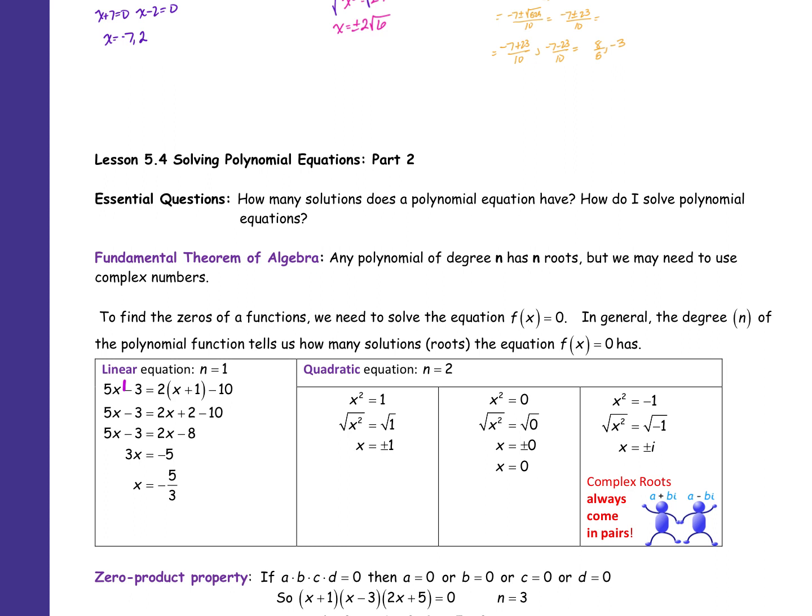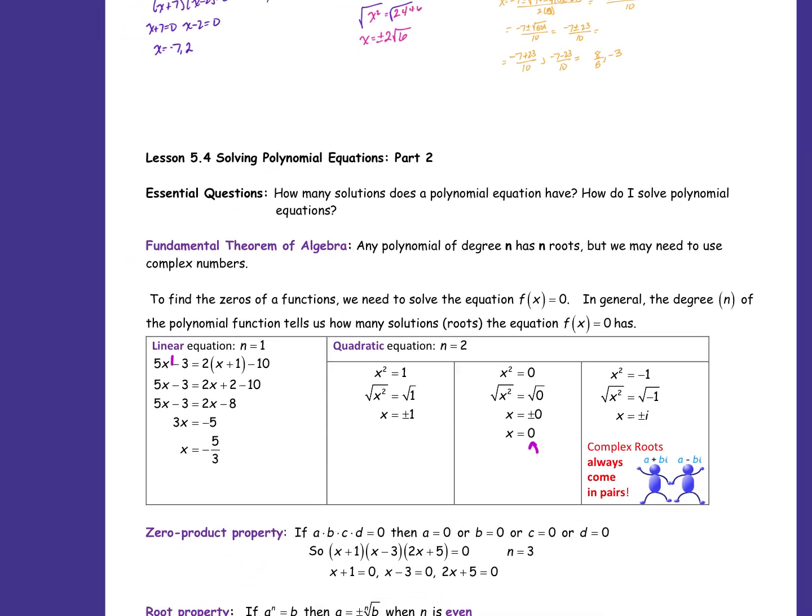For a quadratic, I have 2 solutions, although sometimes I have 1 because the square root of 0 is 0, so there's only one answer. There's no plus or minus 0. So sometimes I have 1. And then I can have complex roots, which I have 2 of because it's plus or minus.